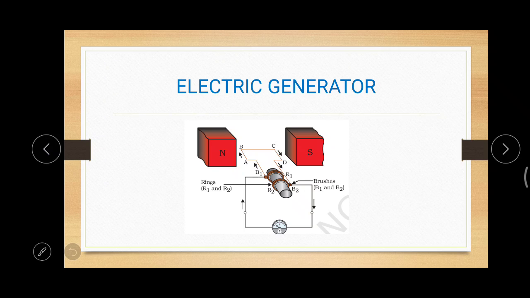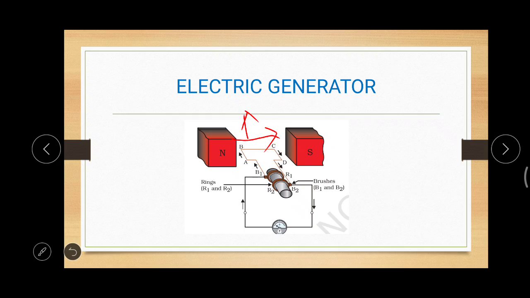As you are using Fleming's right hand rule, here the movement of AB is upward, and the direction of the magnetic field is from north to south, that is left to right.